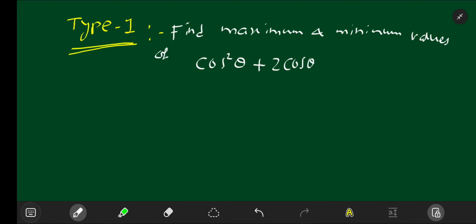Find the minimum and maximum value of cos square theta plus 2 cos theta. Okay.